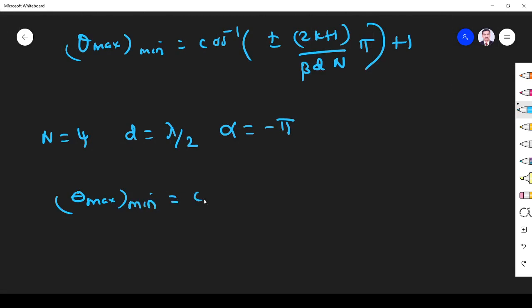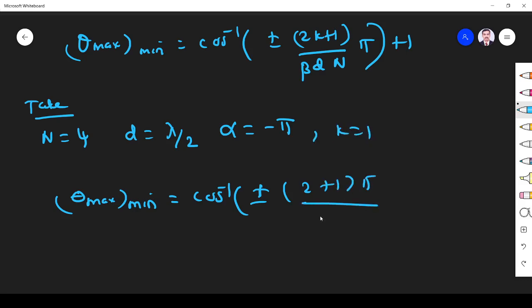Theta max minor is equal to cos inverse of plus or minus 2k plus 1 pi divided by beta d n, plus 1. Just for example, I go for k equal to 1, with beta equal to 2 pi by lambda, d equal to lambda by 2, n equal to 4.